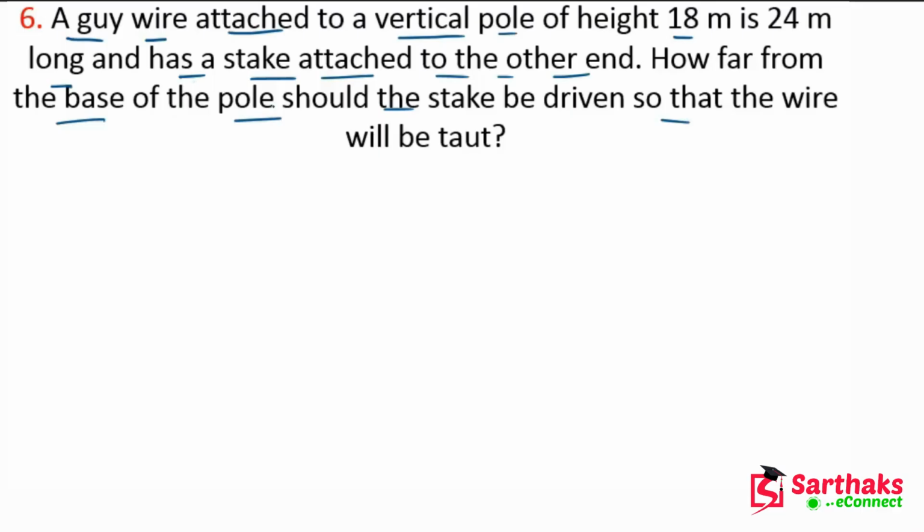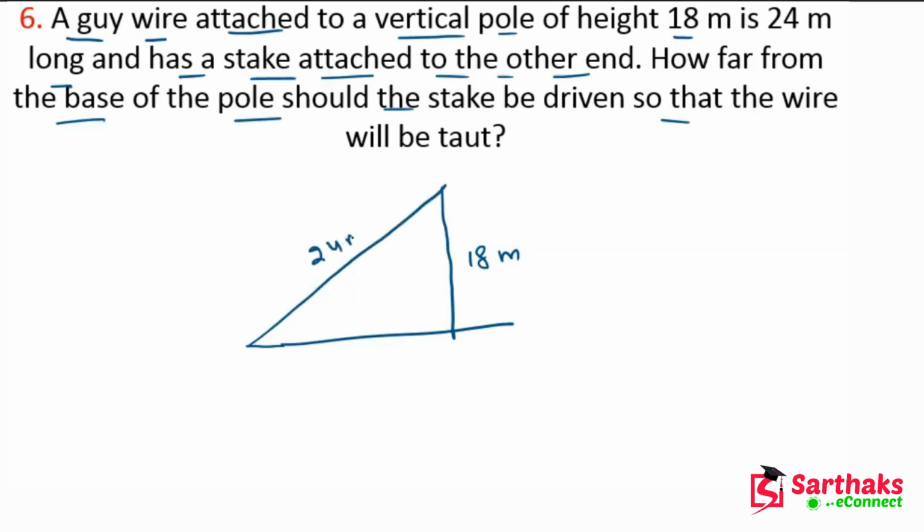Let this be a pole of height 18 meter, and the wire attached to the end of this pole is 24 meter. We have to find this distance, so this is A, B and C.